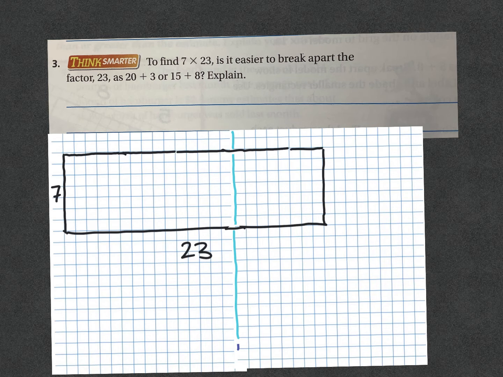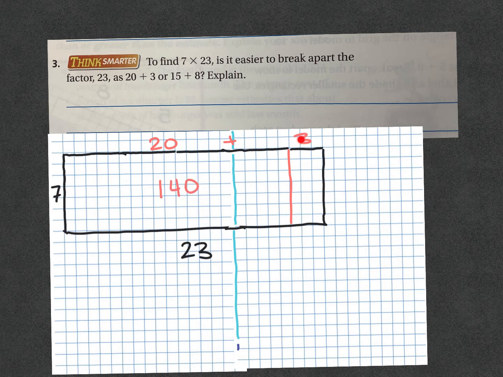I would want to split it as 20 plus 3. 20 plus 3 is still 23. And the reason I would choose that is because we learned that trick of multiplying with those tens, right? 7 times 2 is 14 with the 0 on the end, 140.